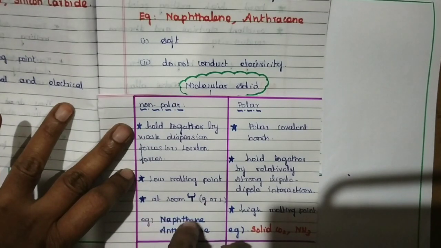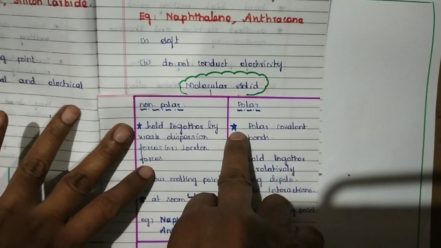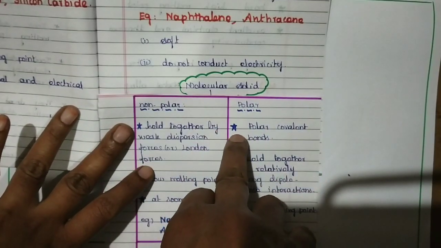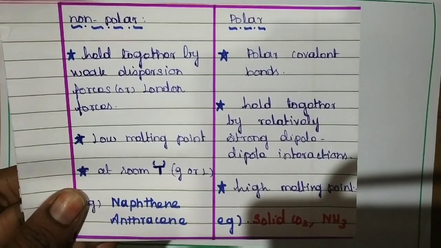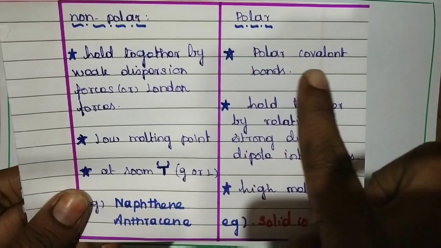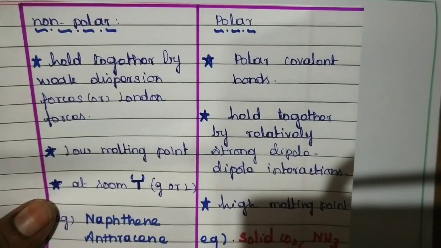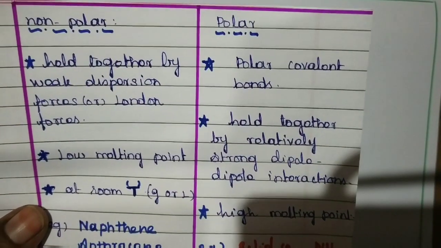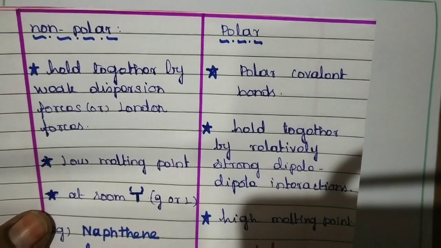Example, naphthalene and anthracene. Next one is polar molecular solids. In these, the constituents are formed by polar covalent bonds.